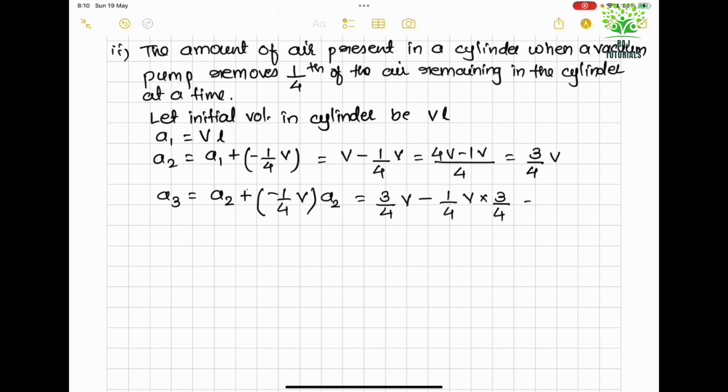So if I solve this, I will get 9/16 V. Same way A4 will be A3 plus minus 1/4 V of A3.